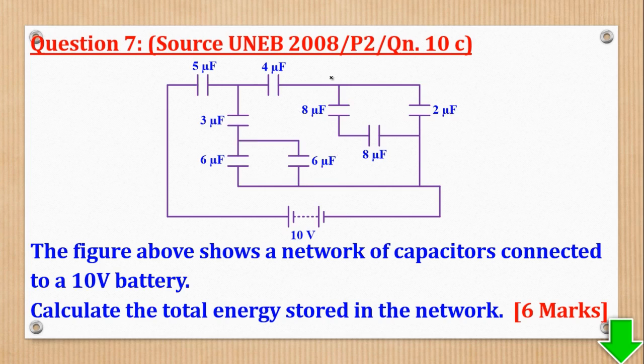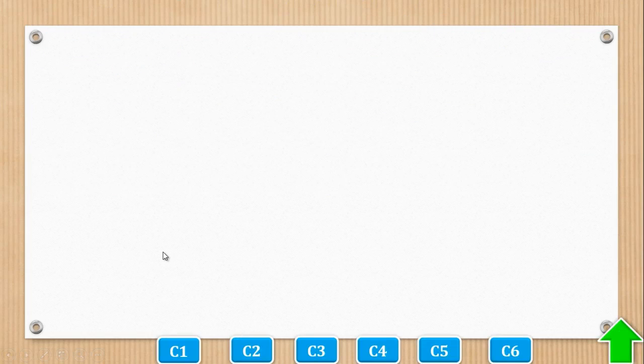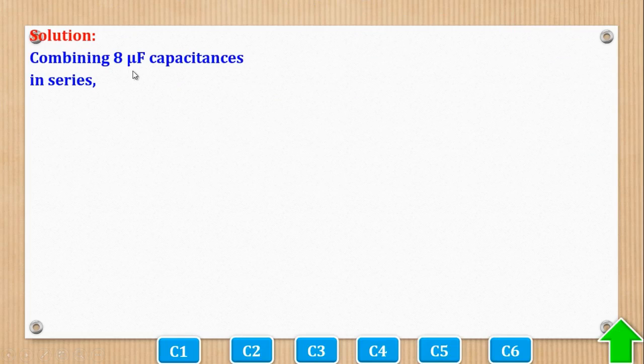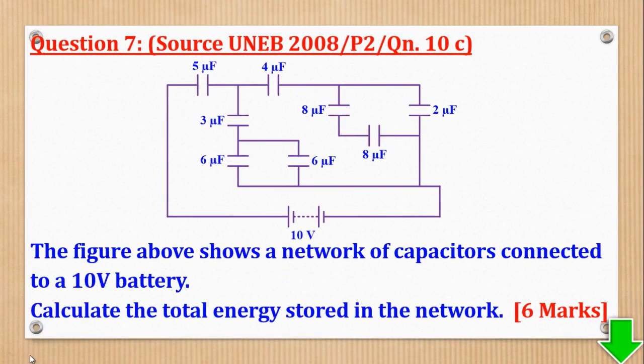Okay, so it may be complicated if we combine all those ones, but what we are going to do, we are going to be breaking it down as we have been doing in the previous questions. So let's start by combining the 8 microfarad capacitors which are in series. So remember we said these ones are in series.